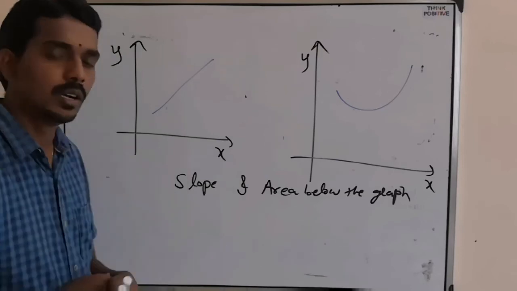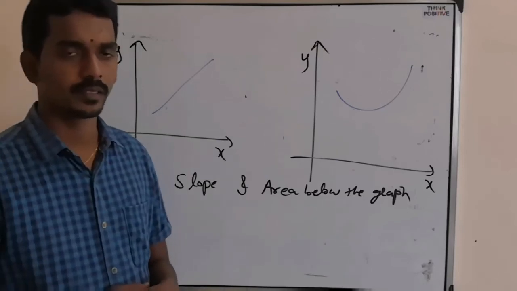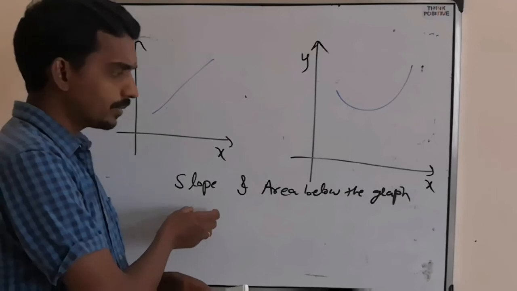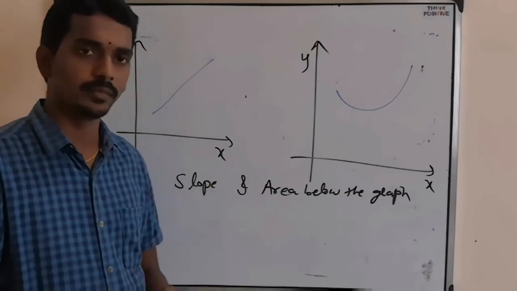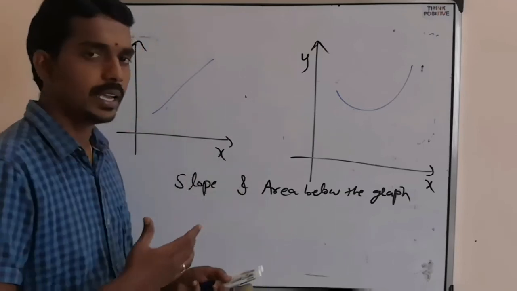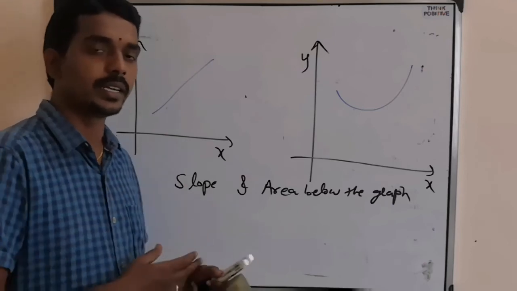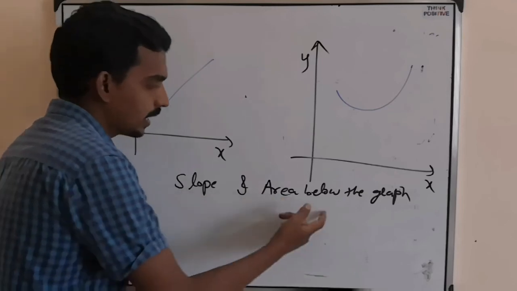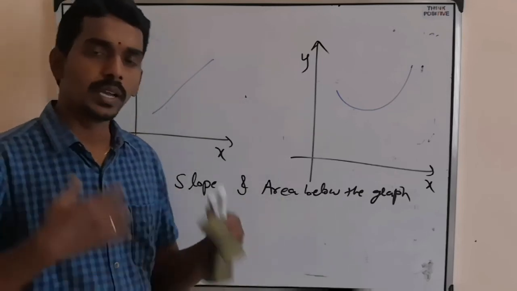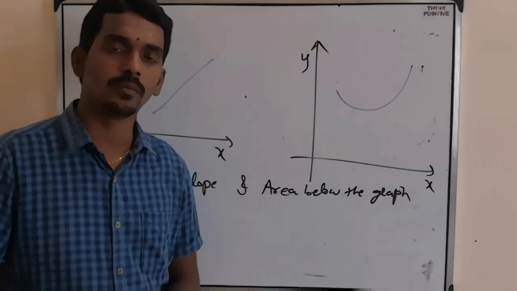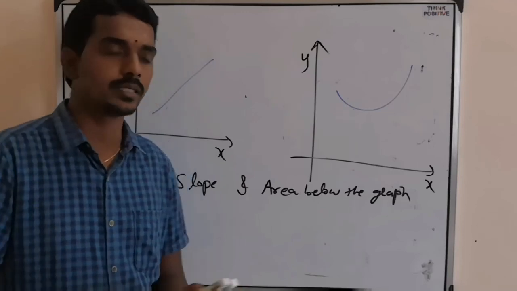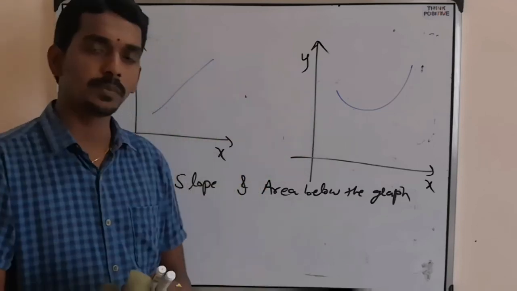That is what we need to understand. You have studied the slope of a graph. The same thing we'll study and try to understand when differentiation and integration are used in calculating these things. Because many questions will come in many chapters of physics related to graphs.